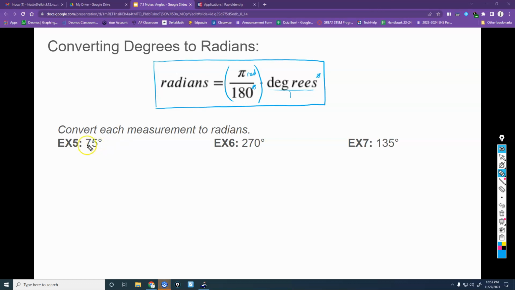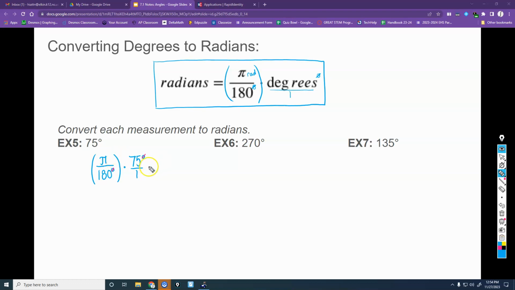So if I want to convert 75 degrees to radians, I want to use pi divided by 180 degrees. And I'm going to multiply that by 75 degrees. And that 75 is not a fraction, but I can make it a fraction by putting it over 1. And so what's happening there is like if you take chemistry, you'll learn more about this, but those degrees are canceling each other out so that you now have radians as your answer.